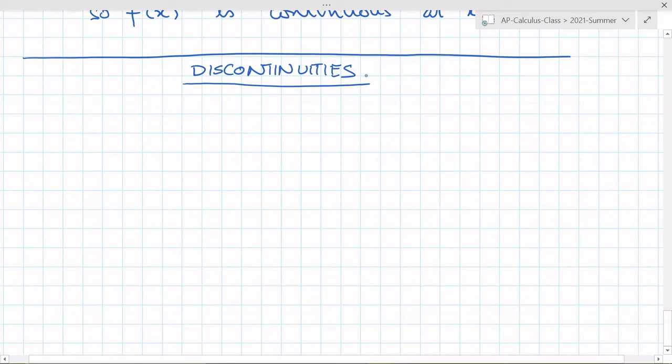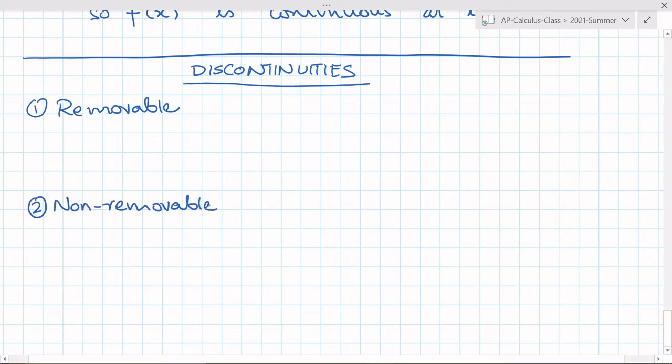Discontinuities are categorized into two kinds. One is called removable discontinuity, and the other is called non-removable. So removable means I can change my function value at one point and then it will become continuous.